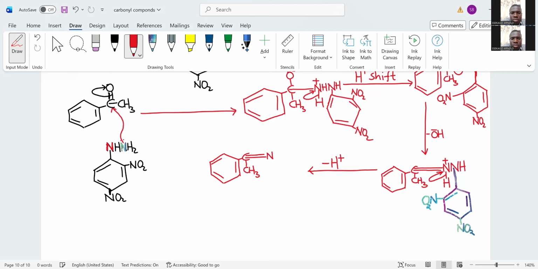So N, H, this N with the benzene. Then the hydrogen ion plus hydroxide ion form H2O, like that. So what is my product?